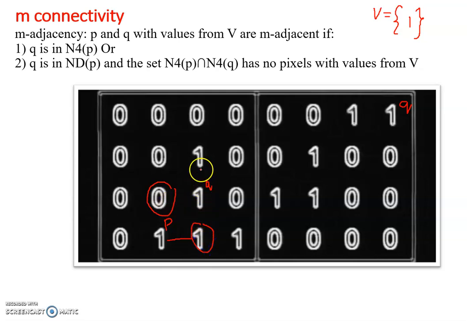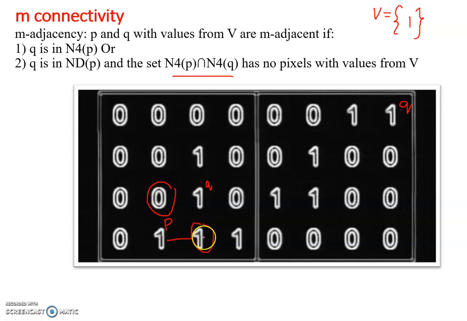So I have two values. I have to check whether this intersection has no pixels with values from V.